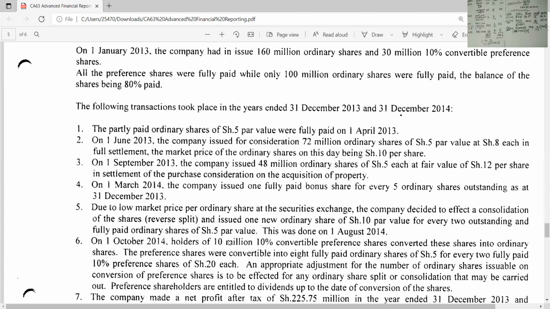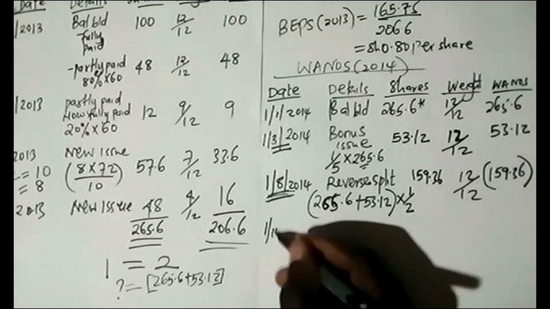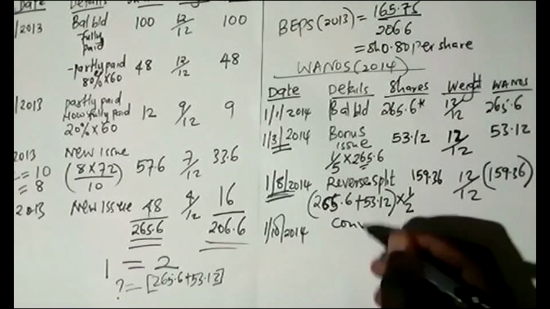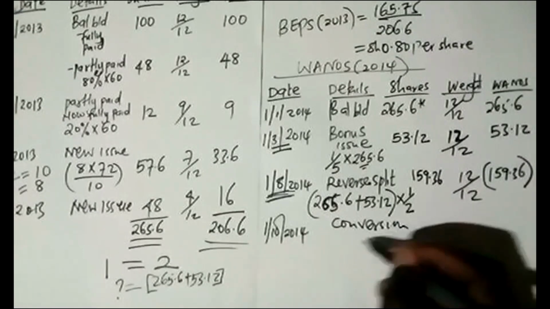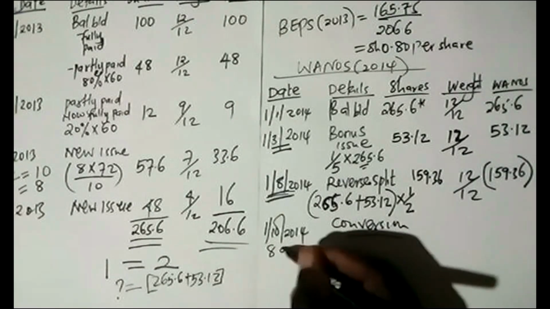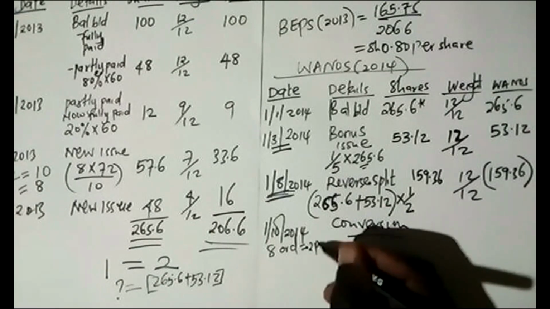What about 10? After equating, you will do this. It occurred on 1st October 2014. So this is conversion: 8 ordinary is equal to 2 preference.